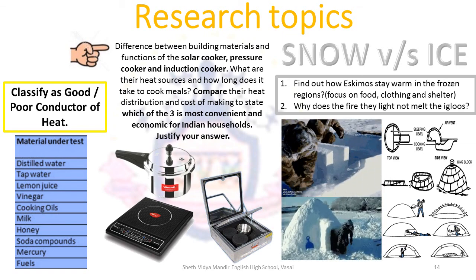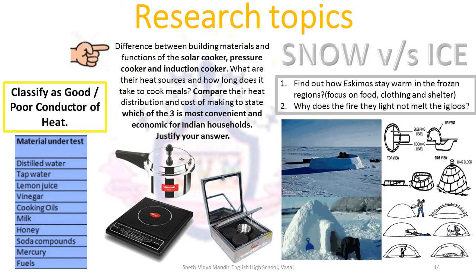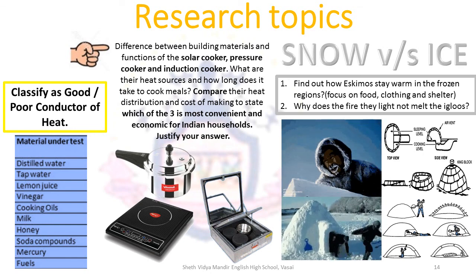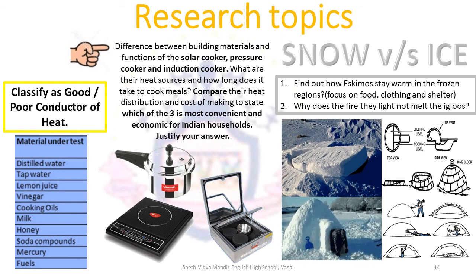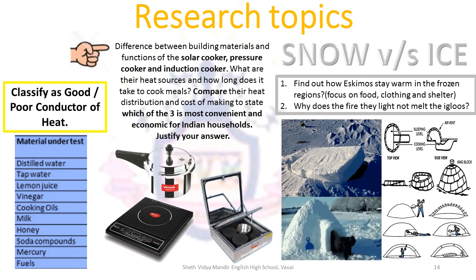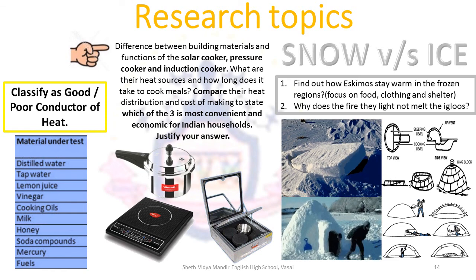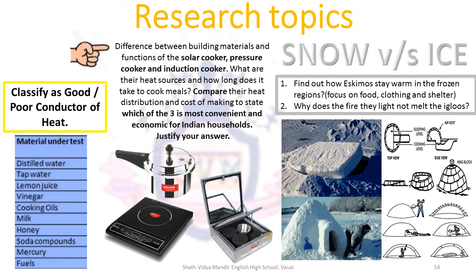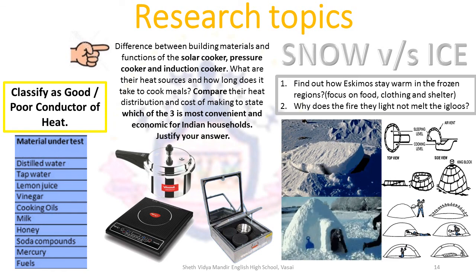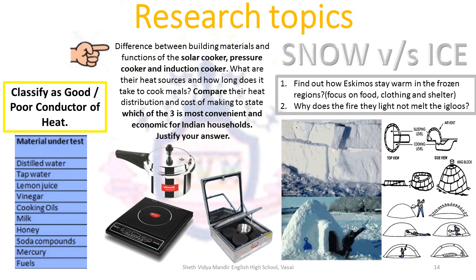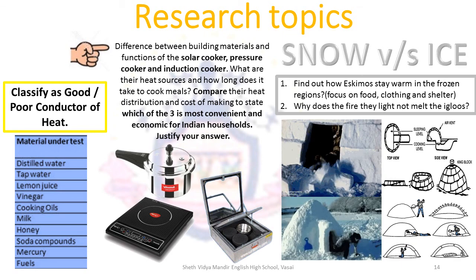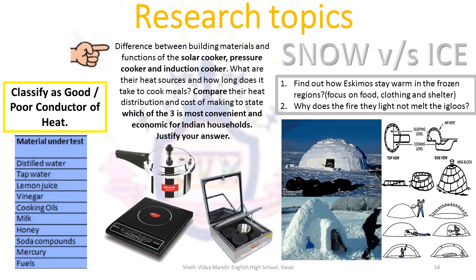How long does it take to cook meals in them? You will compare the heat distribution that the food inside and the utensils receive, and the cost of making all three types of cooker, and then you will finally state which of the three is most convenient and economic for Indian households.